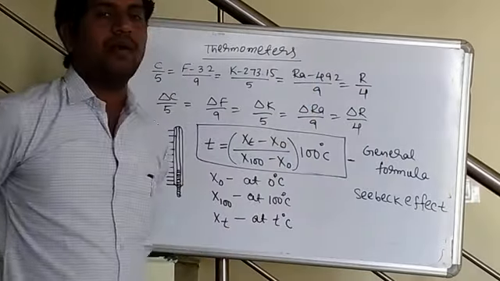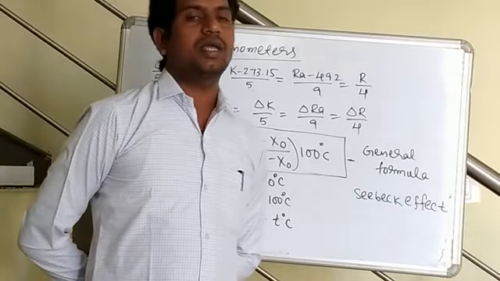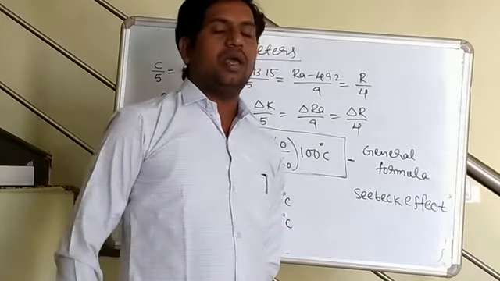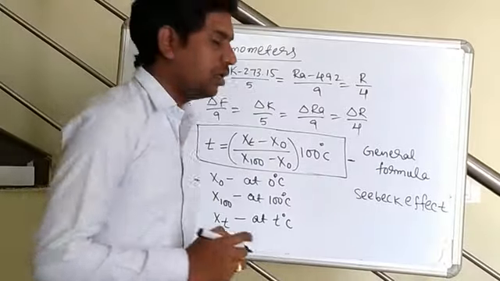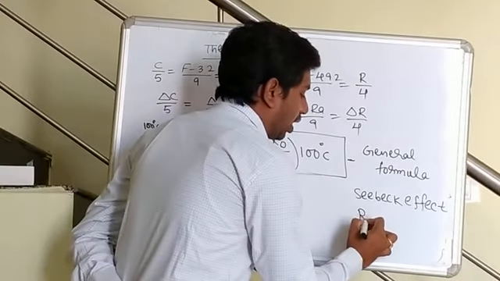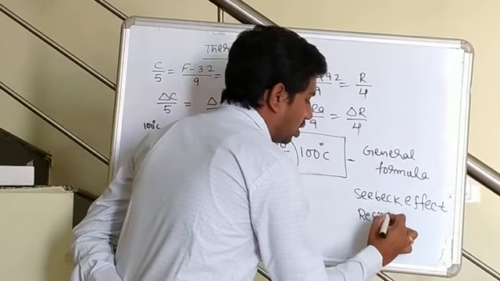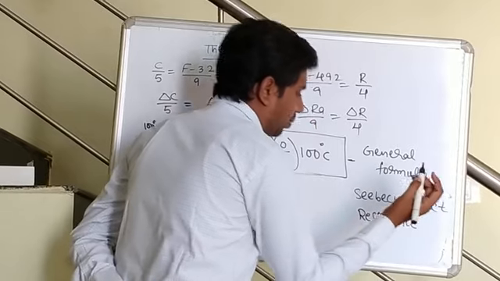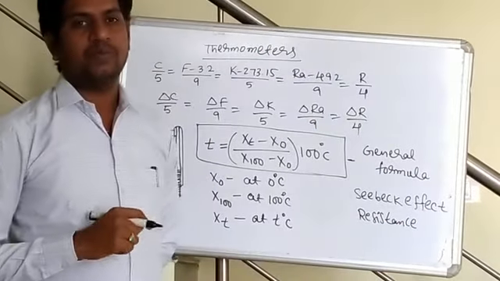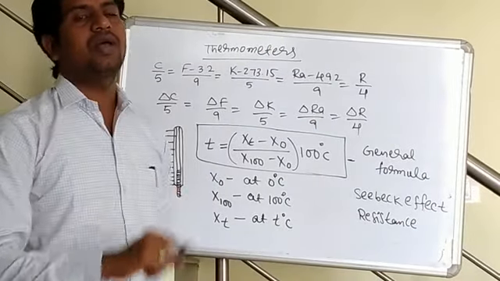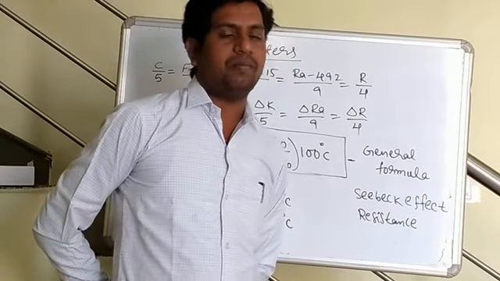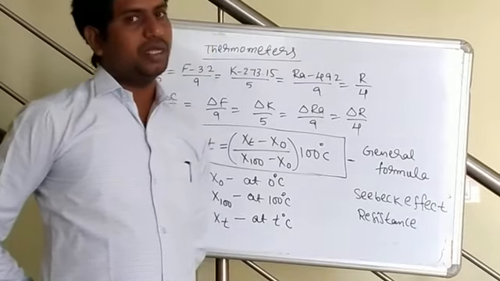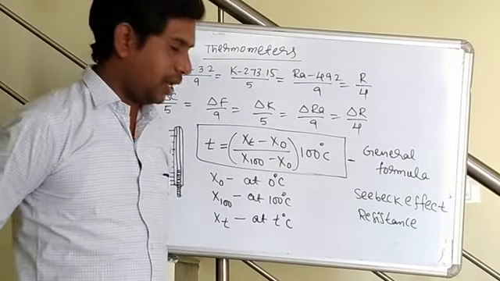And the electrical resistance thermometers are based on the change in electrical resistance with respect to temperature. As we know, the resistance of a metal conductor increases with increase in temperature and decreases with decrease in temperature.